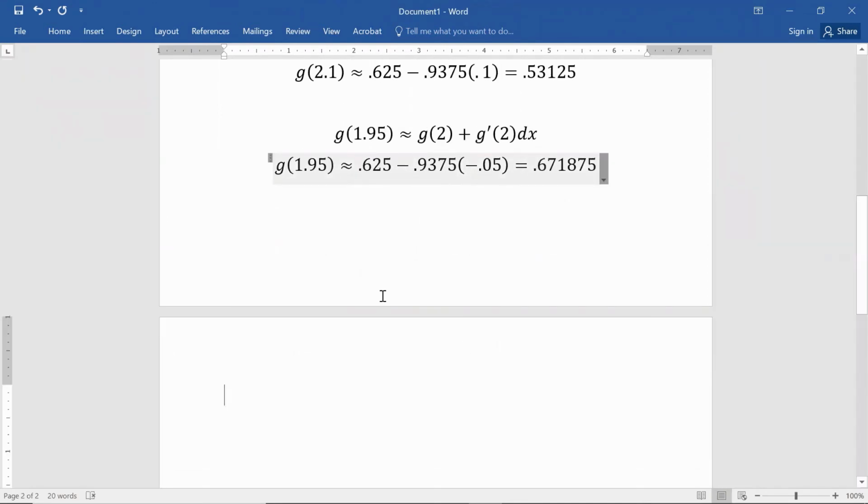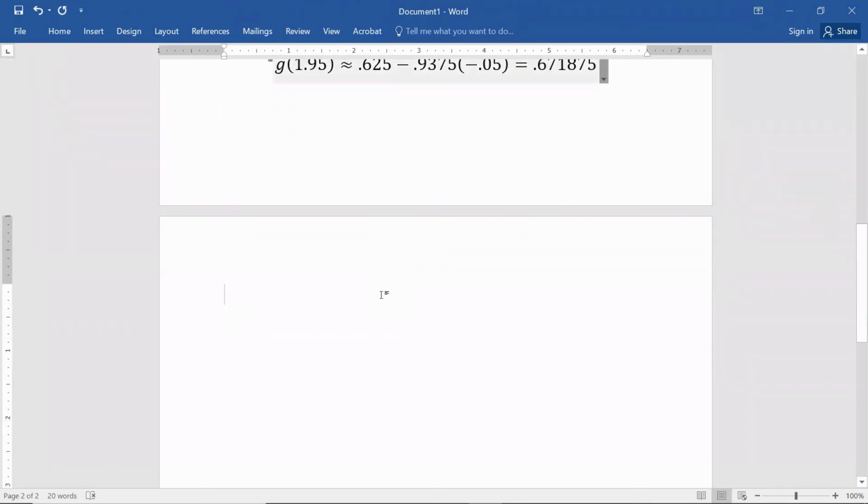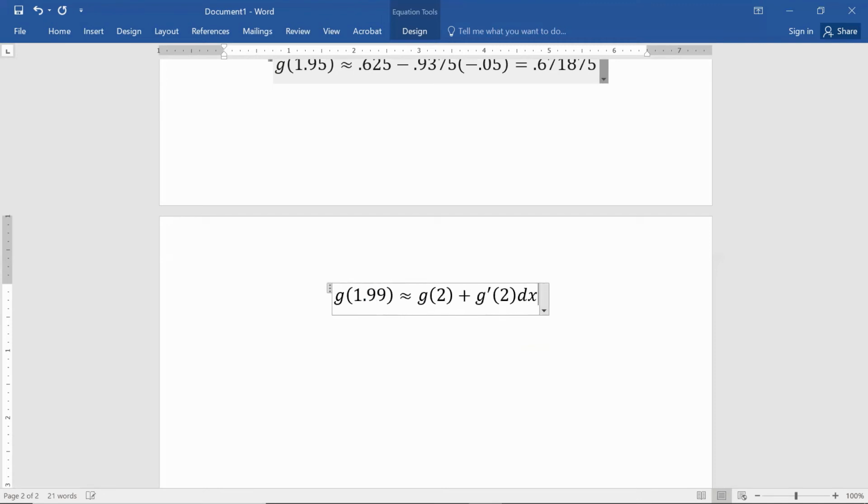The last approximation we were asked to do was g of 1.99. Again, we're going to start out with g of 2 plus g prime at 2 times the differential dx. And g of 1.99 becomes 0.625 minus 0.9375 multiplied by a change in x of 0.01.